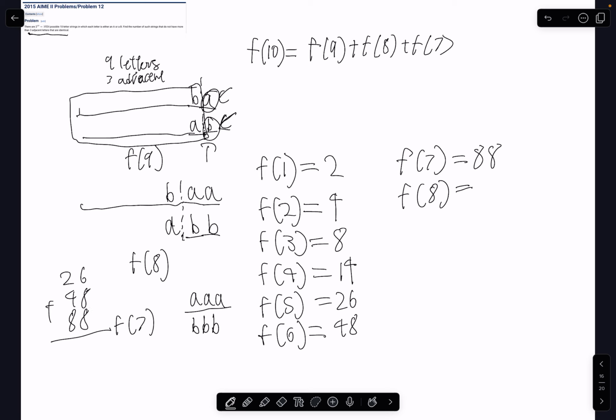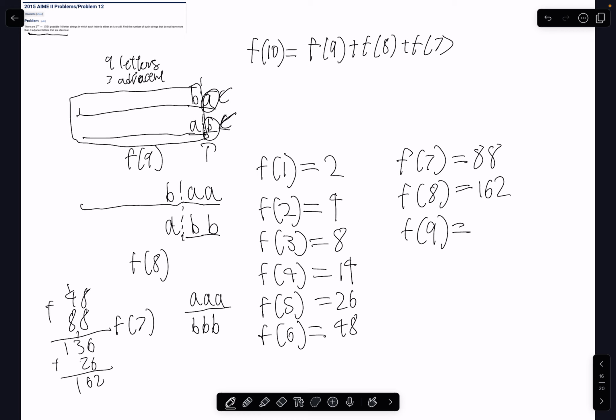F of 8 is going to be, let's just add these up: 26, 48, and 88. You have 162 here. And now f of 9 is going to be f of 8 plus 7 plus 6 as well.